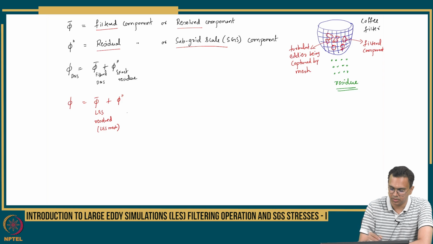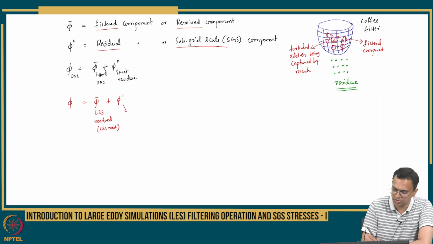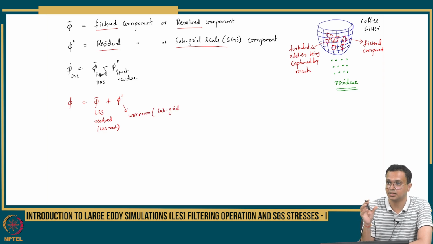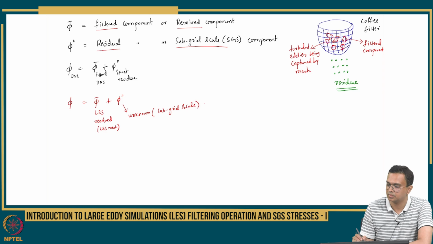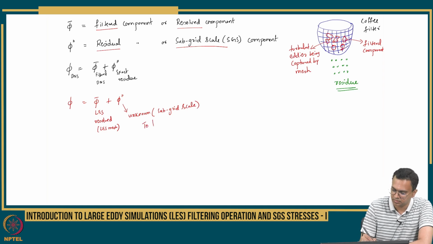That is what it is able to capture, and phi double prime is unknown. So this is called subgrid scale. So this is your unknown. The name subgrid itself explains it: the vortices are subgrid scale, smaller than the grid size. This is to be modeled in LES.